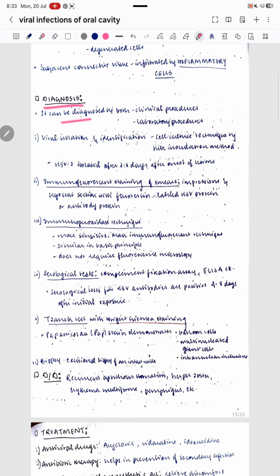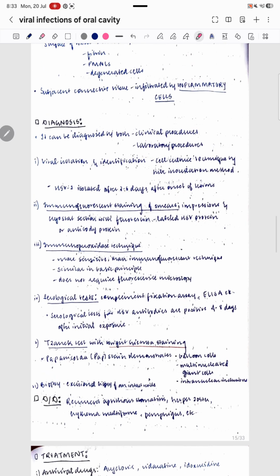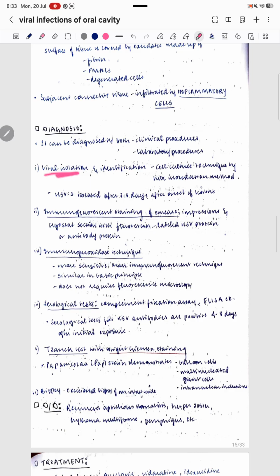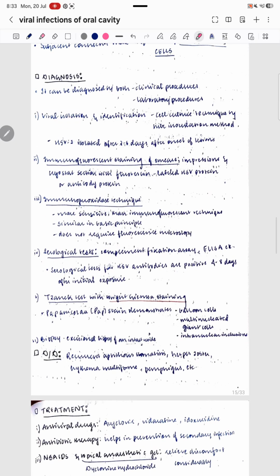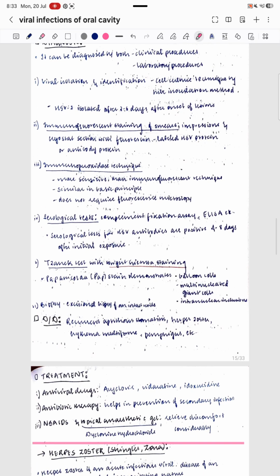Coming to the last part, that is your diagnosis. It can be diagnosed by clinical procedures and laboratory procedures, and there is viral isolation and identification. So basically these are all your diagnostic tests. One is your clinical tests, lab tests, and then you can isolate the virus to identify it through culture and various inoculation methods.